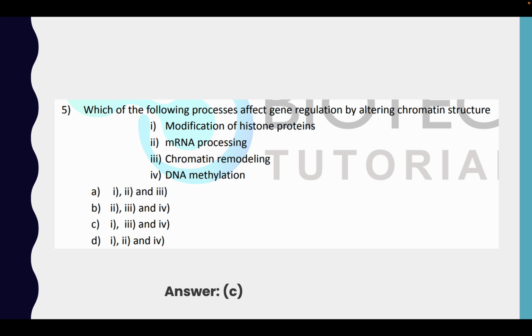DNA methylation is a dynamic process that increases with age. Now coming to chromatin remodeling, it is a process that opens the complex of DNA which is tightly wound into chromatin, and this also allows specific genes to be expressed. So all these processes alter the chromatin structure and finally affects the gene regulation, whereas mRNA processing is not a part of it.